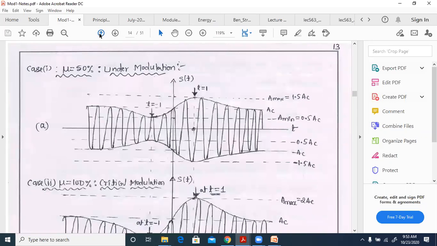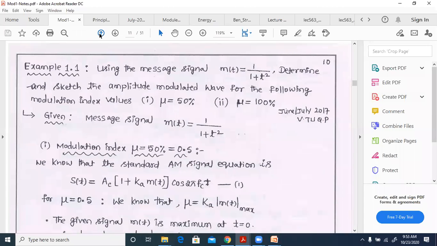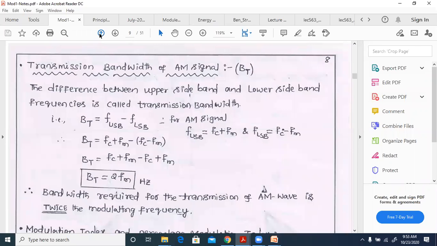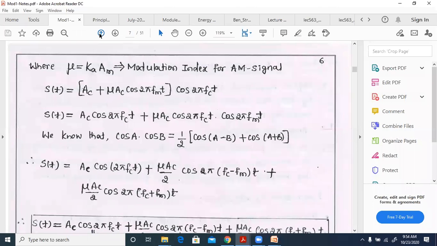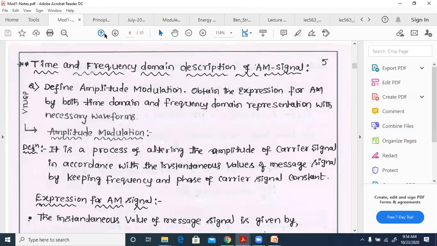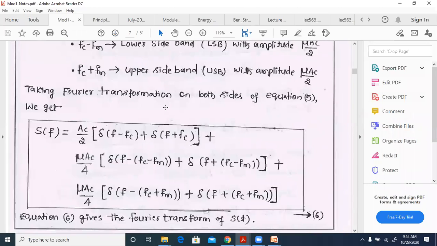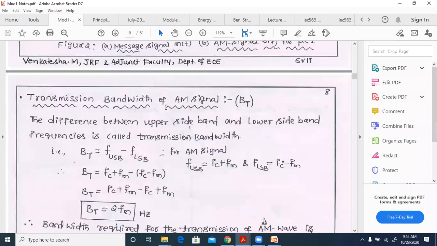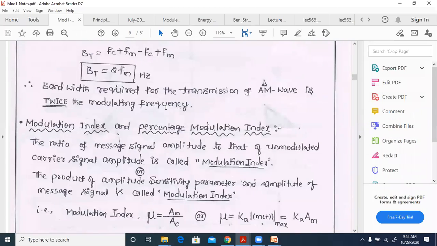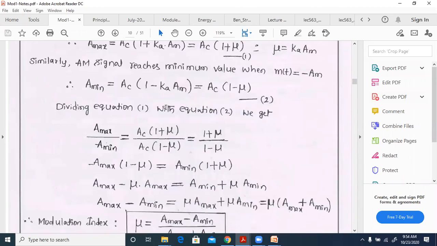This is multi-tone. This figure is for a general message signal, right? Then you have the single tone below.